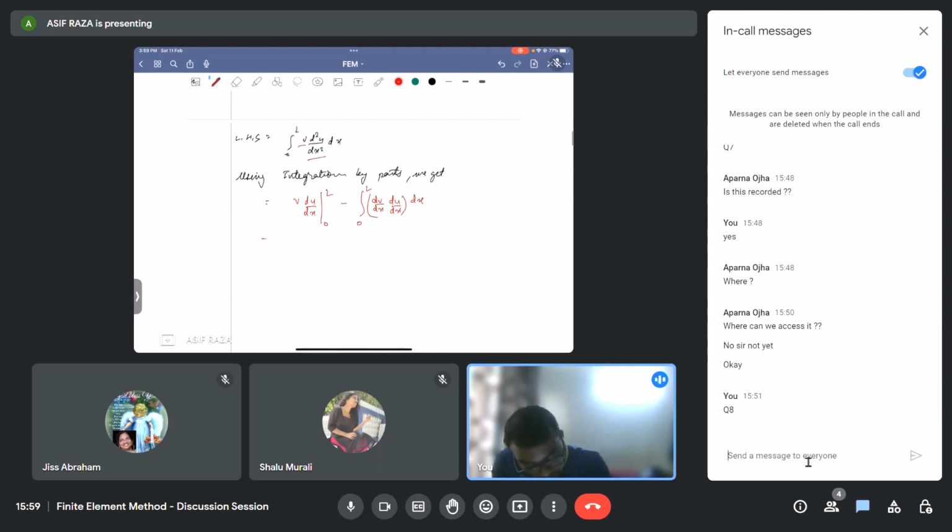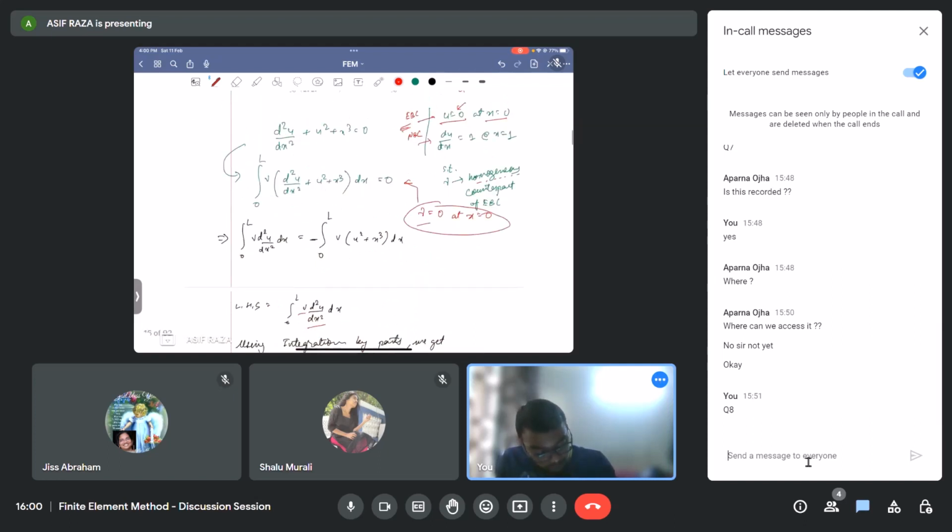So let's simplify it more. What we'll have is V du by dx at x equal to L, minus V du by dx at x equal to 0, minus integration dv by dx du by dx over the domain.